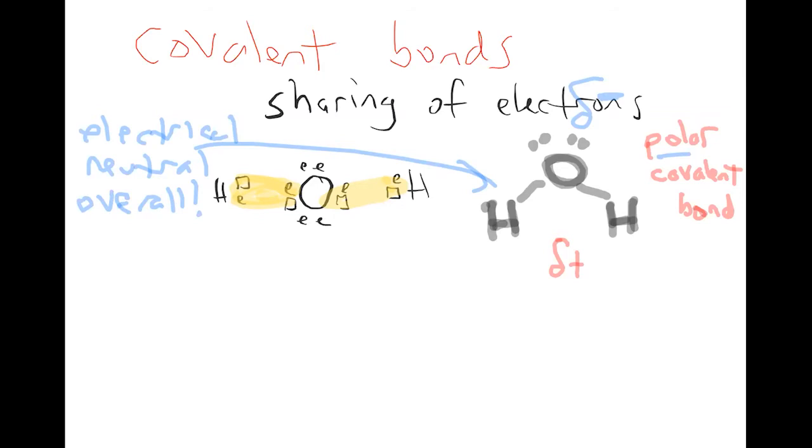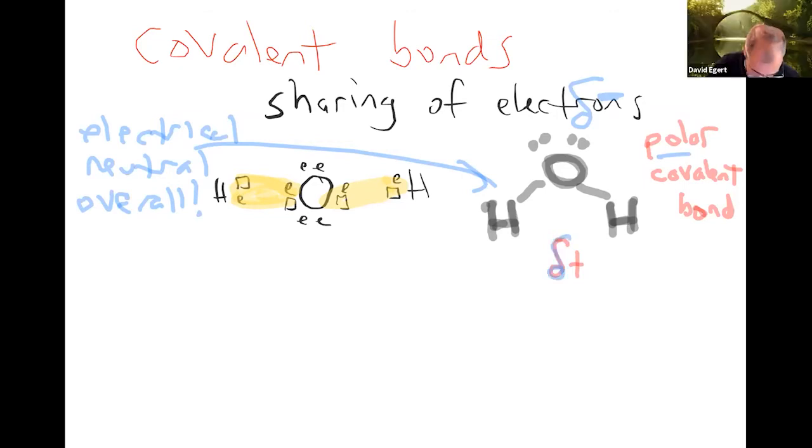What does the delta thing stand for? Is there a definition for your positive and negative delta? It's a delta. It means that there's a difference in charge. It's just the common way to write it down. It's my way of saying that one side is a bit more positive compared to the other side, which is more negative.